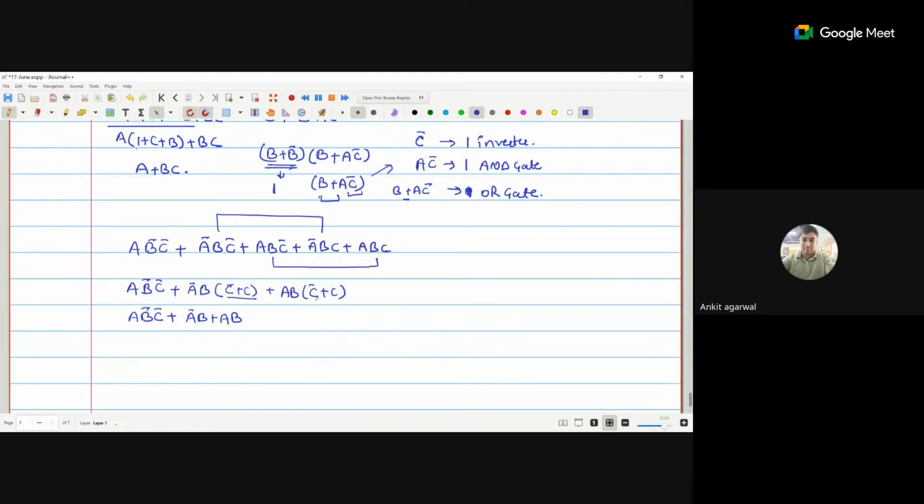Why? Because this is 1, this is 1. From these two, we are getting B plus B bar, A, C bar. So again, the answer is B plus AC bar. So the same answer. The approach is different, but the answer is the same.